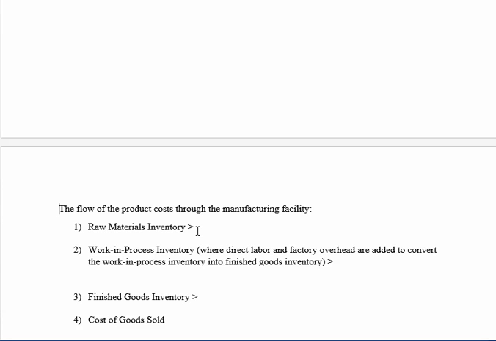At some point, someone takes the forklift and moves those into the manufacturing facility, where direct labor and factory overhead are used to convert those raw materials into finished goods. So those are the goods coming out of the factory ready to be sold. And then all three of those are assets, inventory accounts. But then once the product is sold, its cost then becomes an expense because all the benefit is then in the past.